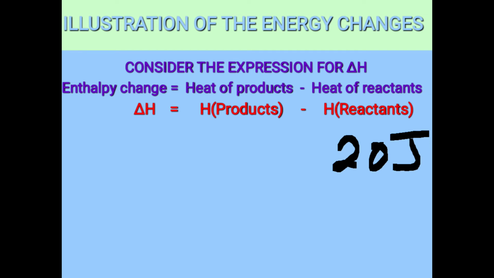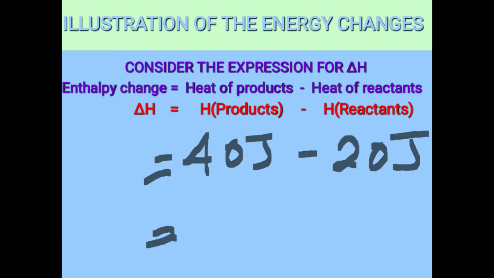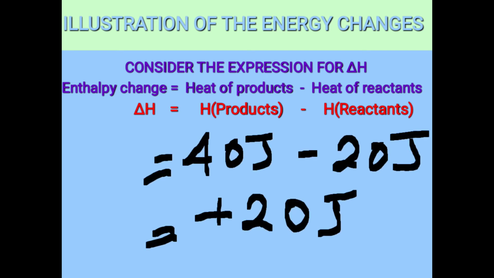Then at the end of the reaction, products were having 40 joules. If you try to subtract, we are going to come up with 20 joules, this time positive. Therefore, our ΔH is going to be positive 20.